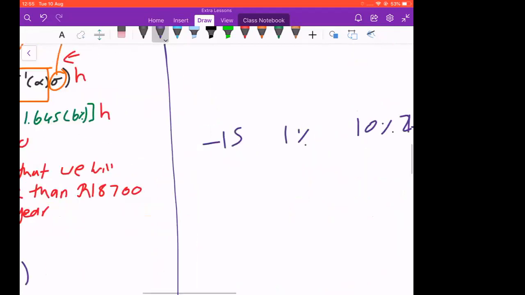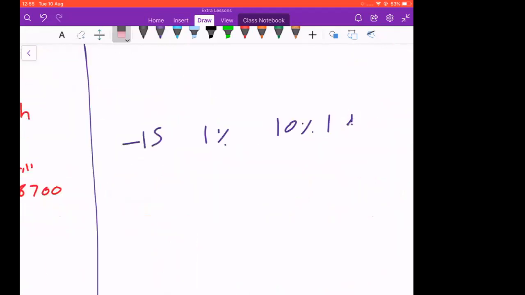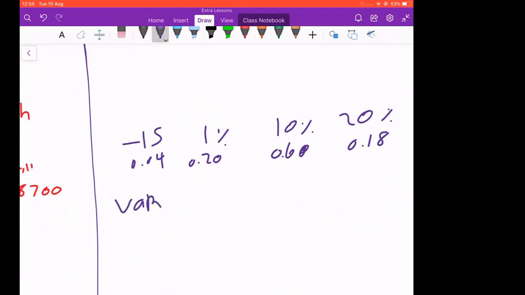It's going to be 20 instead of 25. So 0.04, 20%, 60%. Then what? 0.18.